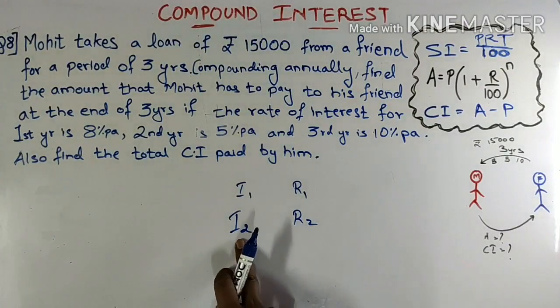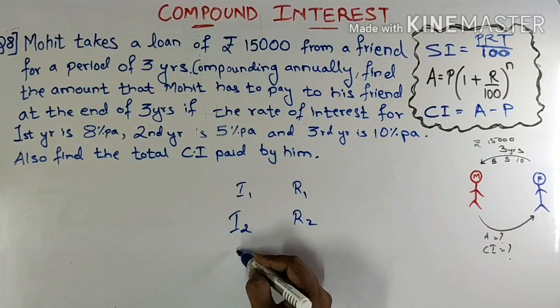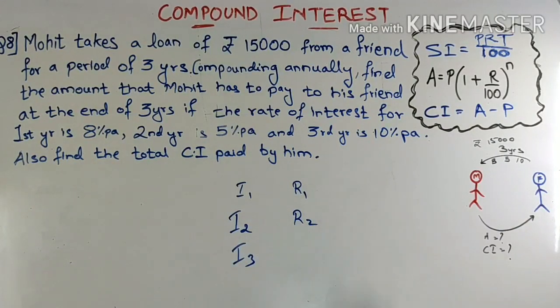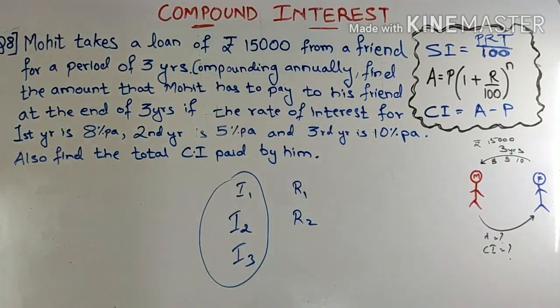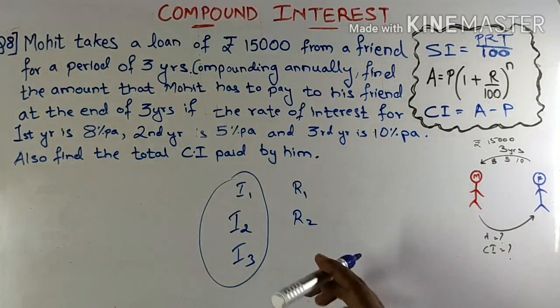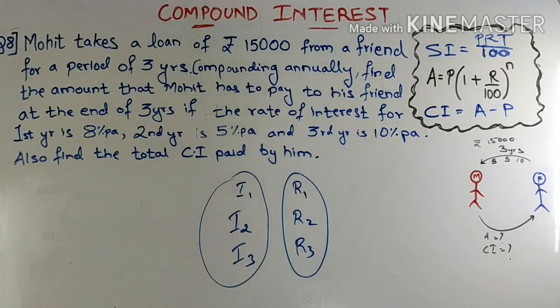And again interest gets added to the previous principal, and we calculate the third year's interest. This way we'll get the total compound interest because of the 3 different rates of interest. Now the other shortcut method we'll learn today is the formula. We will directly substitute in the formula that we'll be using now.